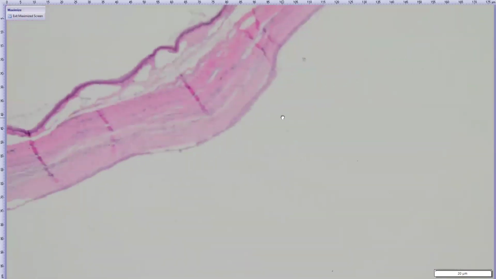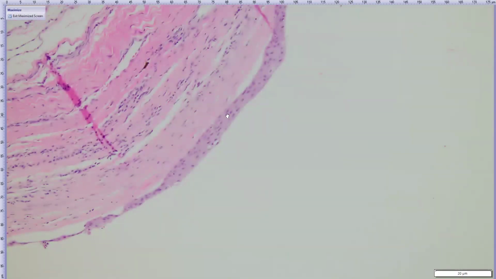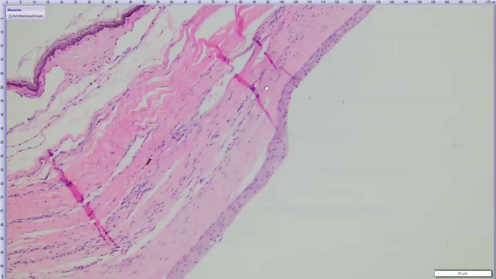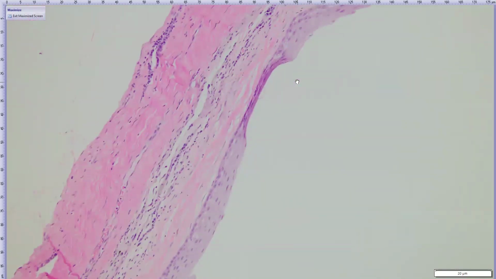And in some cases, it is stratified squamous epithelium. We've got our layers here, and that goes circumferentially around our scleral shell. So we have some intraocular extension of what's probably corneal epithelium that has grown into our scleral shell and has taken up residence and circumferentially surrounded what's left in this lining here.